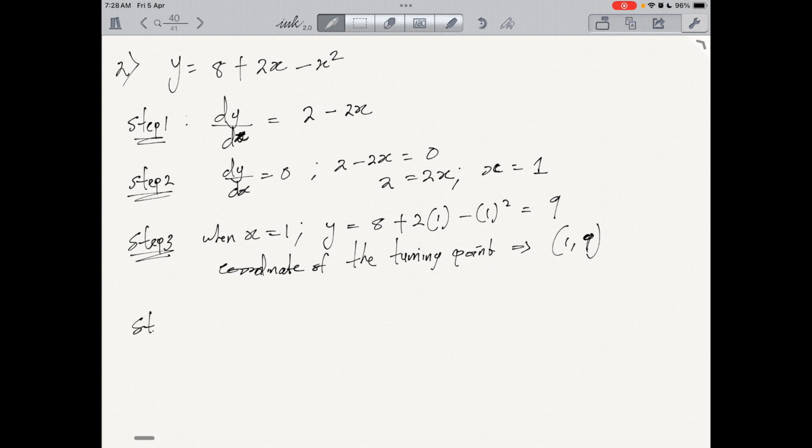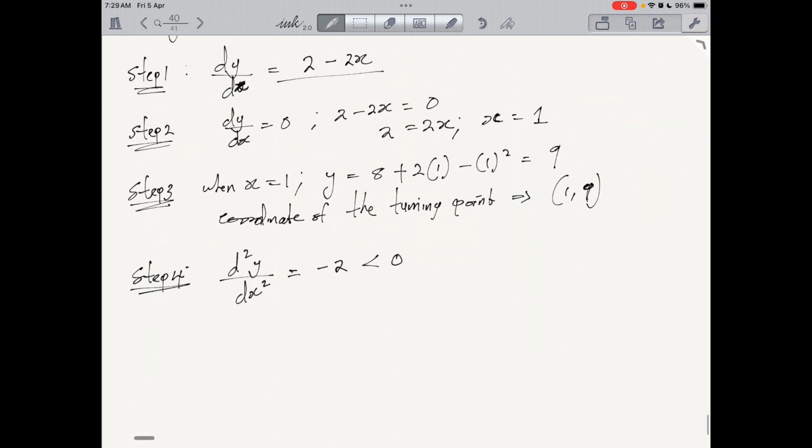Now with this done, let's determine the nature by evaluating d squared y/dx squared. Since dy/dx is 2 minus 2x, d squared y/dx squared is minus 2. Now we can see that minus 2 is less than 0.